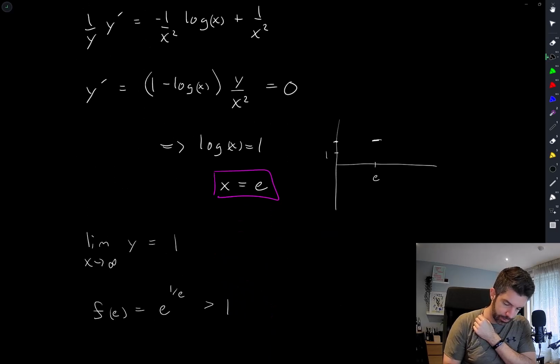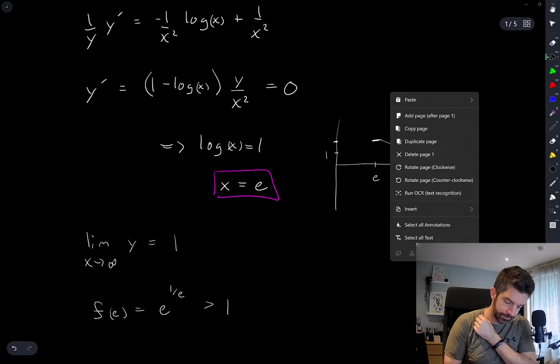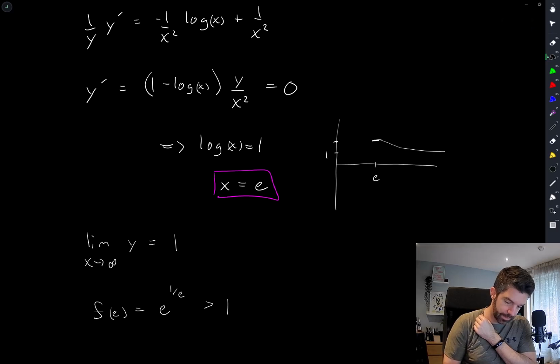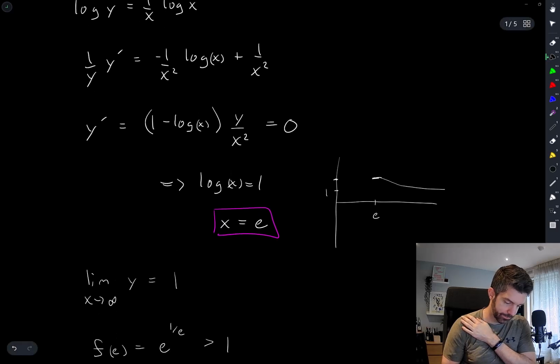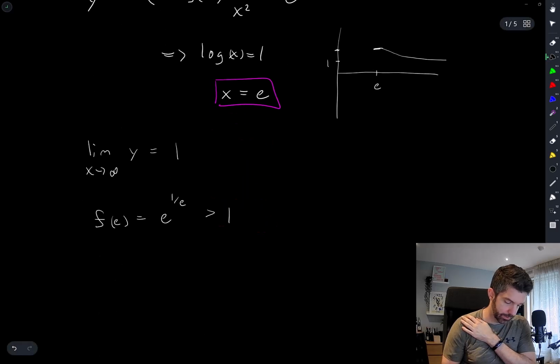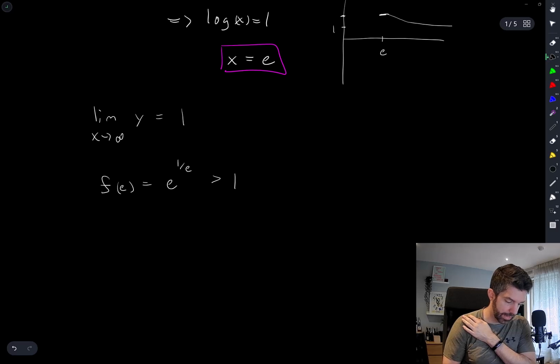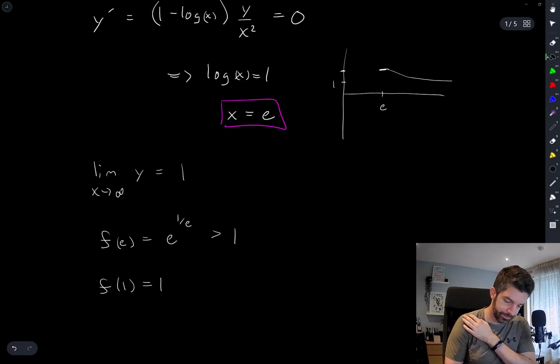And so it has to do something like that. And so clearly, unless there's some kind of strange inflection thing going on here, how would we show that to the left? What if I evaluate f of 1? Oh, f of 1 is also equal to 1.